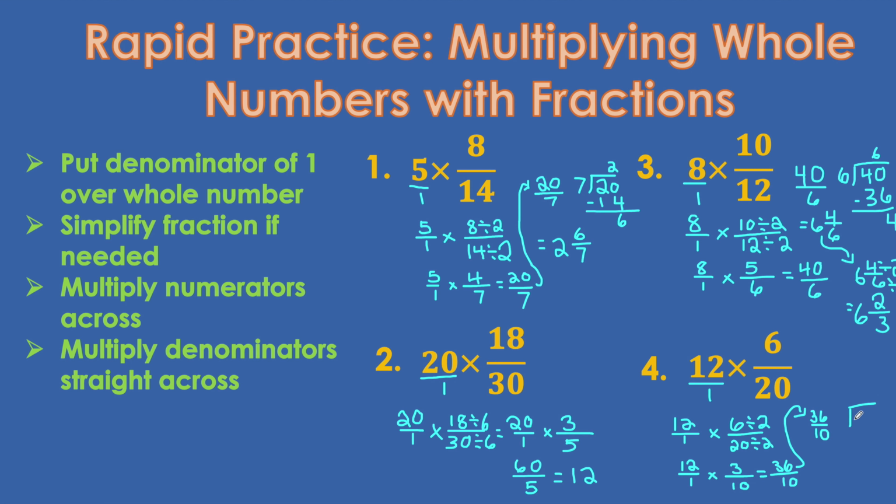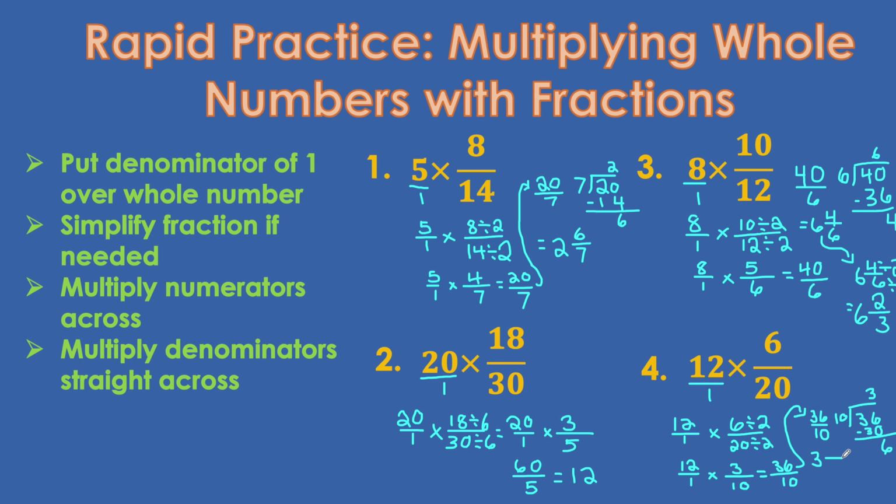can do a long division problem. 36 on the inside, 10 on the outside. 10 goes into 36 3 times. 3 times 10 is 30. And you get a remainder of 6. We write down our whole number first, which is 3.